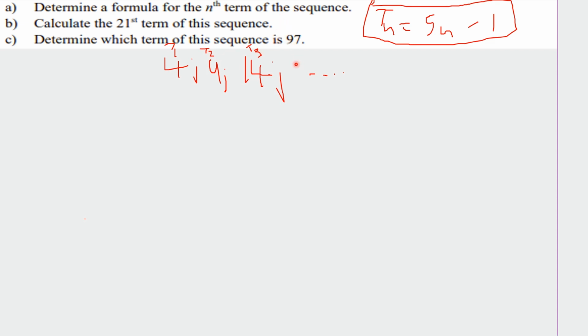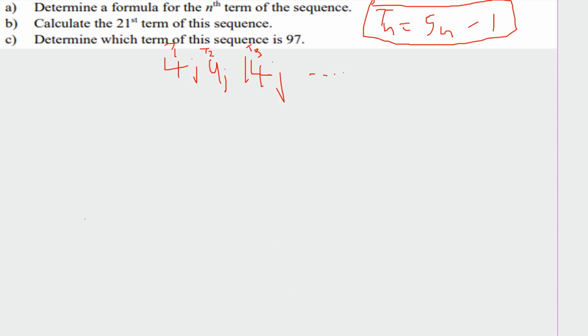Now they have given us the value of the term. We need to find the position where the term is. So we are given Tn, and we have to find the value of n, the position.